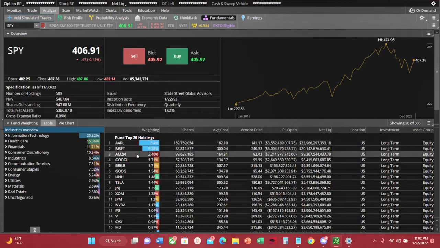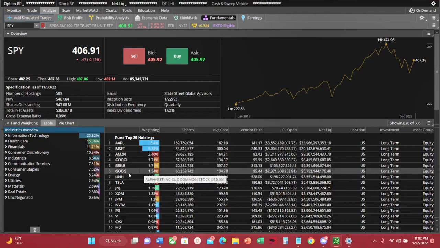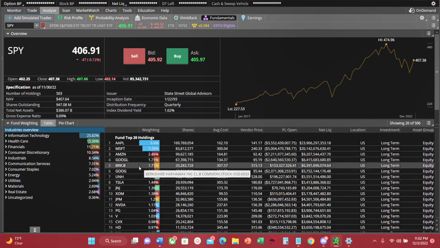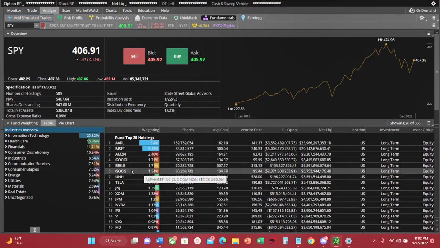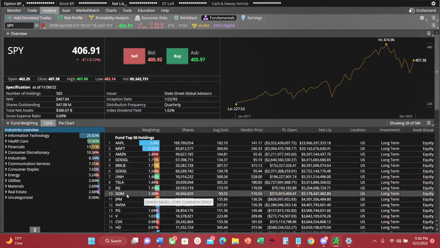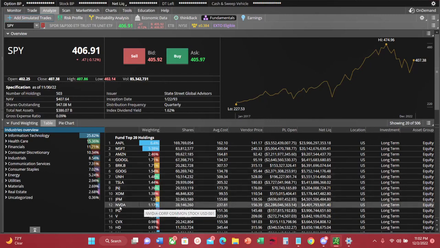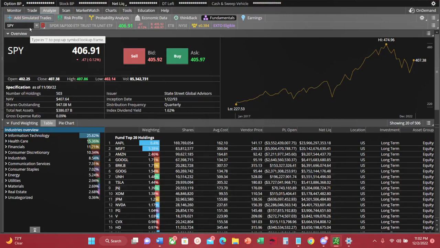Apple, Microsoft, Amazon, Google, these are both Google. One's with voting rights, one's without. I don't know which is which. Then you got Berkshire Hathaway B class, and then United Healthcare, Tesla, Johnson & Johnson, ExxonMobil. And there's Nvidia. So that's SPY.